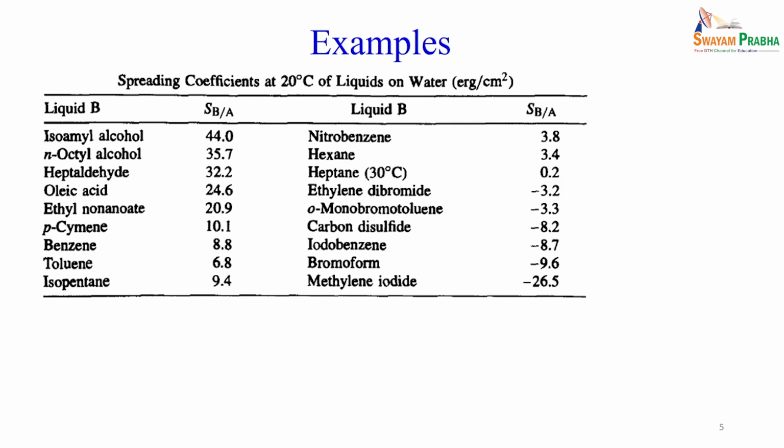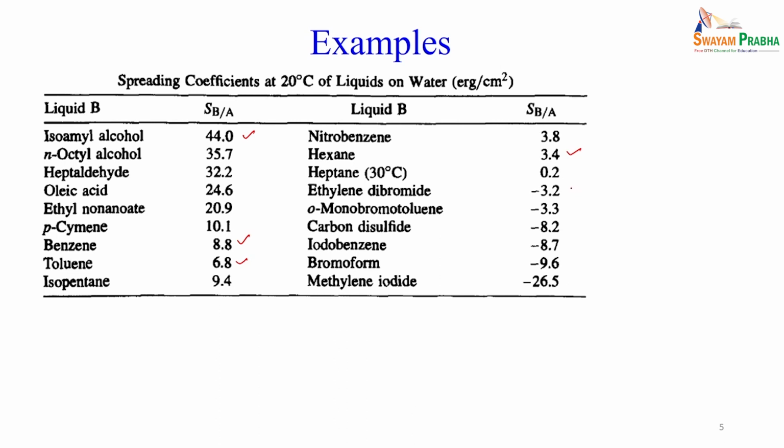Here I have listed the spreading coefficient of various liquids on water. Starting from the higher alcohols, isoamyl alcohol 44, it goes to benzene 8.8, toluene 6.8, going to hexane 3.4.